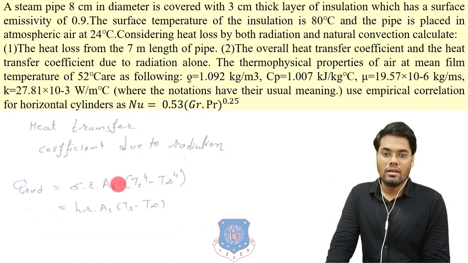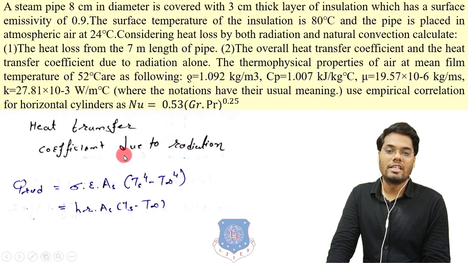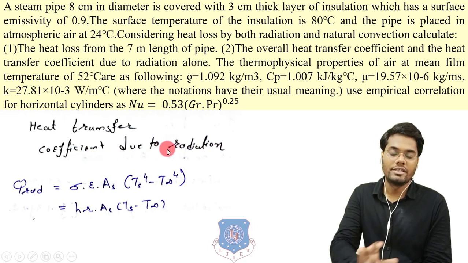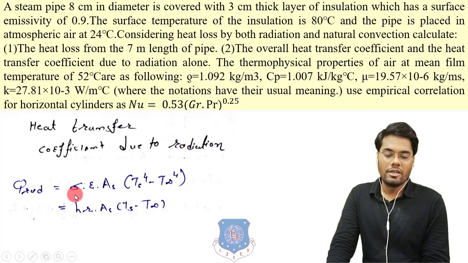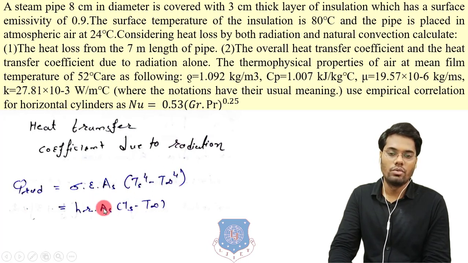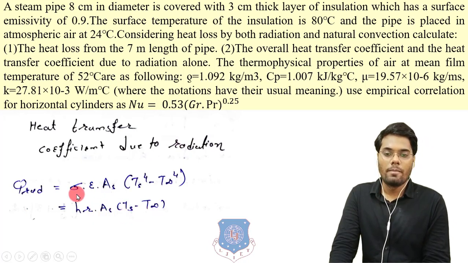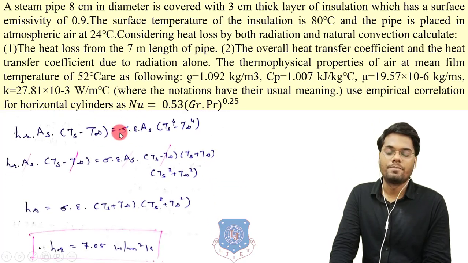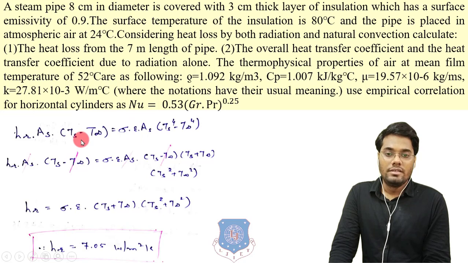But if you want to calculate only the heat transfer coefficient due to radiation, then the heat transfer rate by radiation, which is sigma epsilon area into Ts raised to 4 minus T infinite raised to 4, is equal to the heat transfer rate by convection, which is h_r A delta T. So by putting an equal sign between these two equations, this is Ts raised to 4 minus T infinite raised to 4.